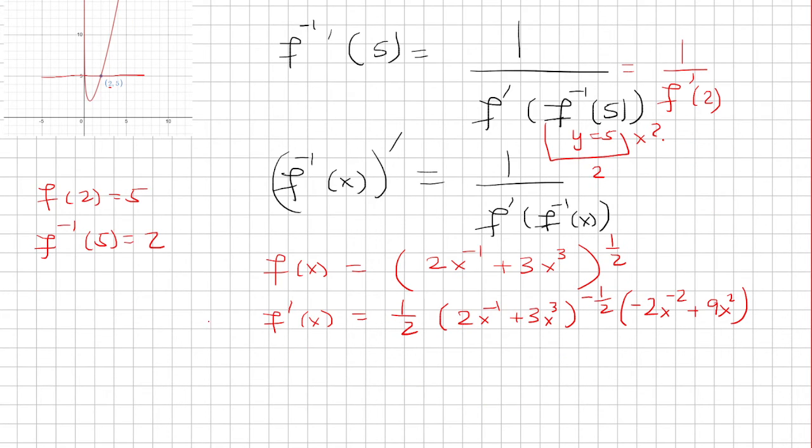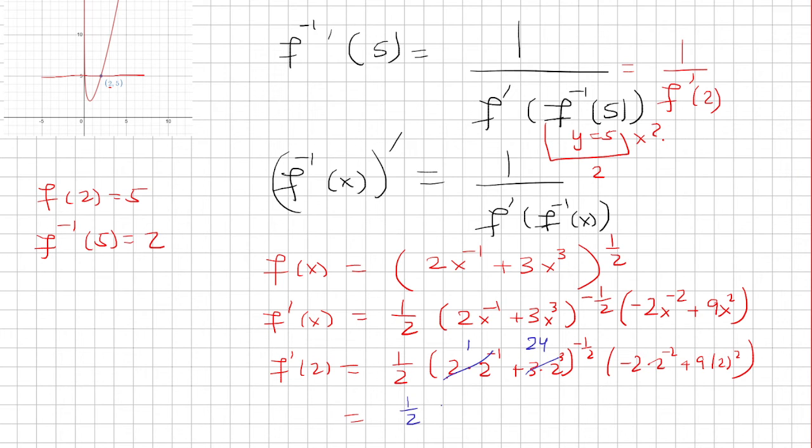And now we need to plug in x equals 2. So we have 2 times 2 to the negative 1 power plus 3 times 2 cubed. Okay, let's see. 2 times 2 to the negative 1, that's just going to cancel. You're going to get 1 left. 2 cubed is 8 times 3 is 24.